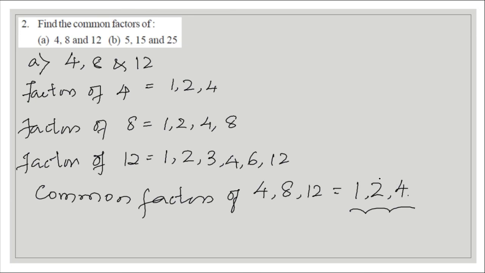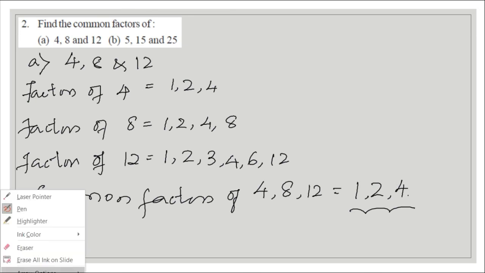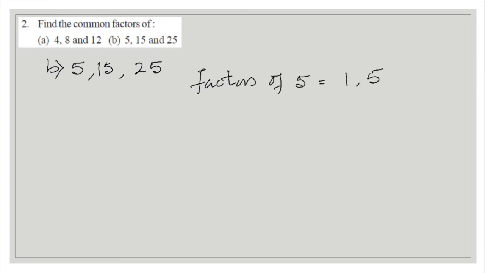Let us solve the second one. In the second one, I need to find the common factors of 5, 15 and 25. Let me write it here. Factors of 5 will be 1 and 5. Factors of 15 are 1, 3 and 5 and also 15.